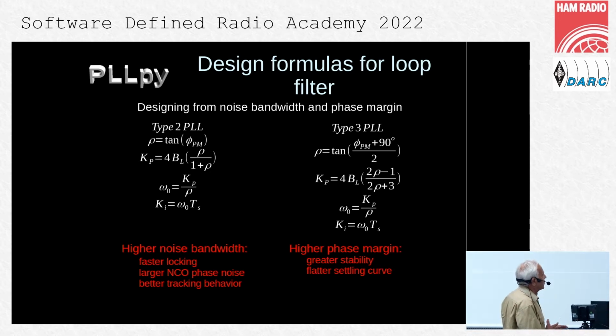For the phase margin, if you increase it, the PLL will be more stable, more robust, and the settling curve will be flatter, but the locking time will increase a little bit.